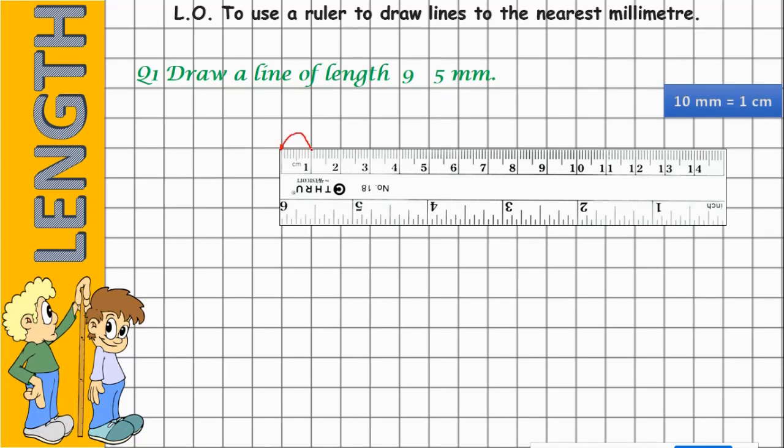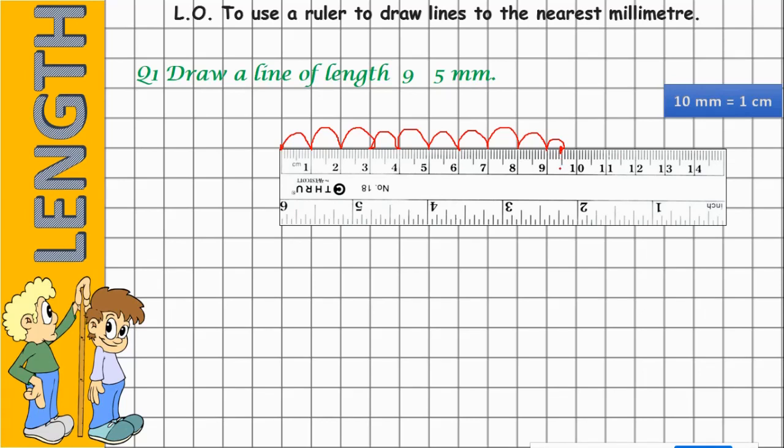So 10, 20, 30, 40, 50, 60, 70, 80, 90, and 1, 2, 3, 4, and 5. So this point is 95 millimeters.